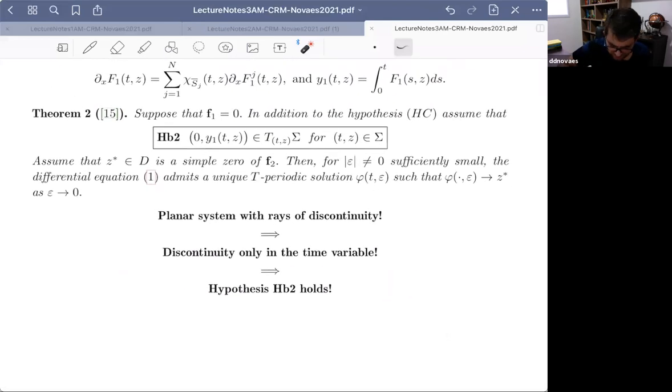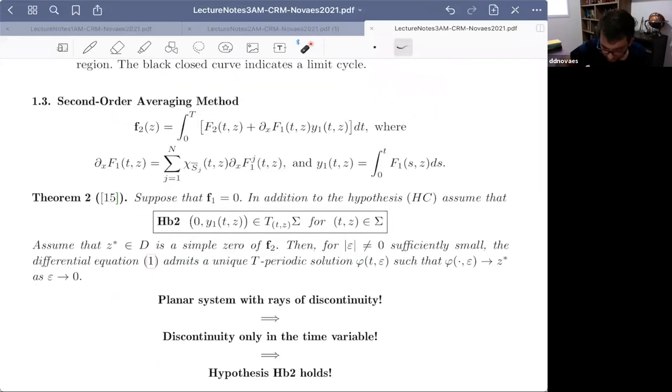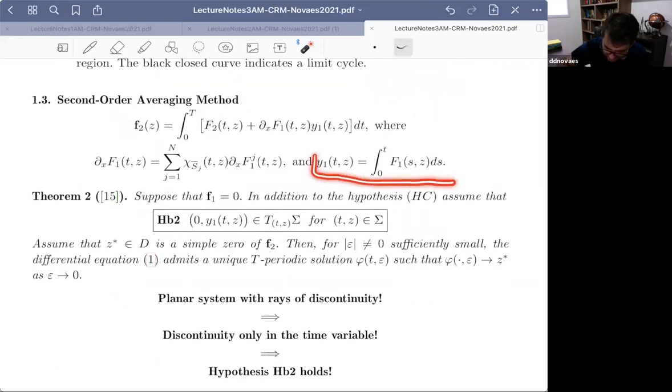Okay, so the hypothesis is saying that this vector (0, y1(t,z)), we call that y1(t,z), is just this expression. So this vector has to belong to the tangent space of the discontinuity manifold at the point (t,z).